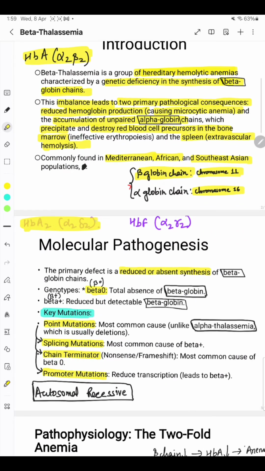There are two other types of hemoglobin that play an important role in understanding beta thalassemia. One is HbA2. In HbA2, alpha 2 and delta 2 globin chains are present. In HbF, alpha 2 and gamma 2 globin chains are present.